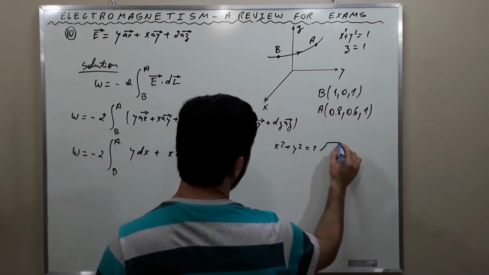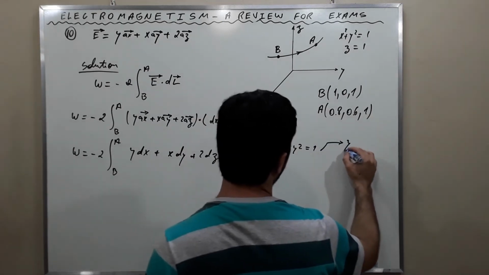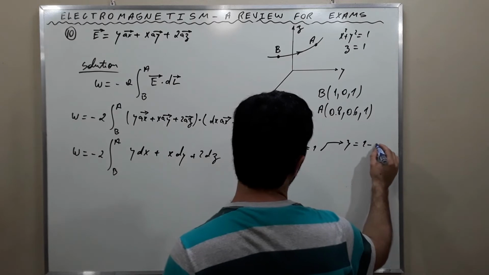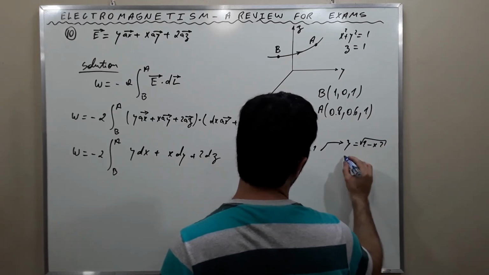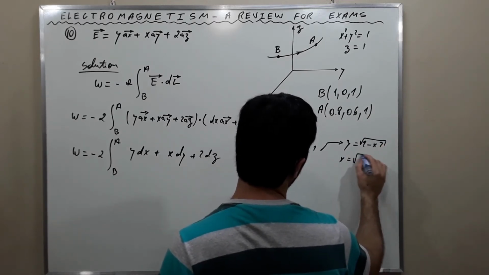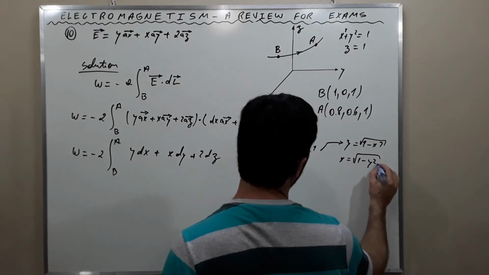So y is equal to the square root of 1 minus x squared, and x is equal to the square root of 1 minus y squared.